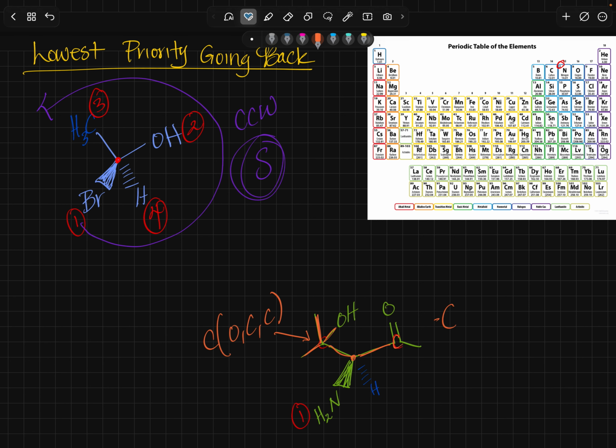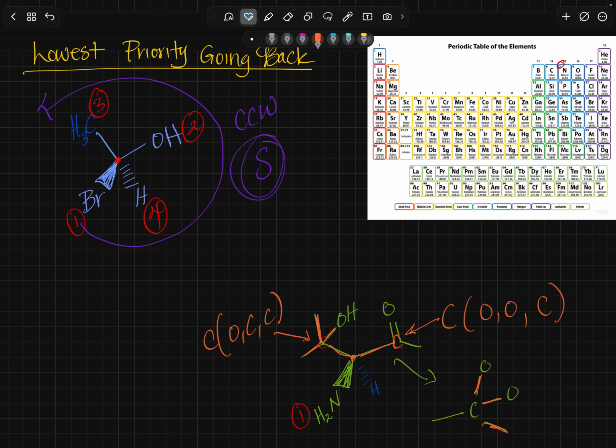That carbon is connected to oxygen, but it's double bonded to oxygen. So the double bond is like this. We have our carbon, and this is how we're going to treat it, as a carbon bonded to an oxygen twice, so oxygen, oxygen, and then a methyl group, so a carbon.